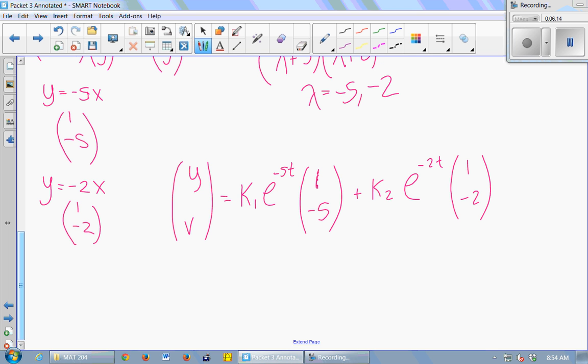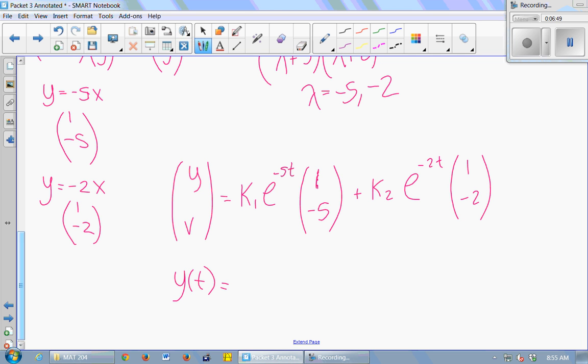So I have just come up with two functions, y of t and v of t. But really, I only want a y. The solution to the differential equation, a second order differential equation, is just the y function. So I just would write y of t equals, and I just want the top component because I have y on top. If you put v on top and y on the bottom, then you would take the second component.